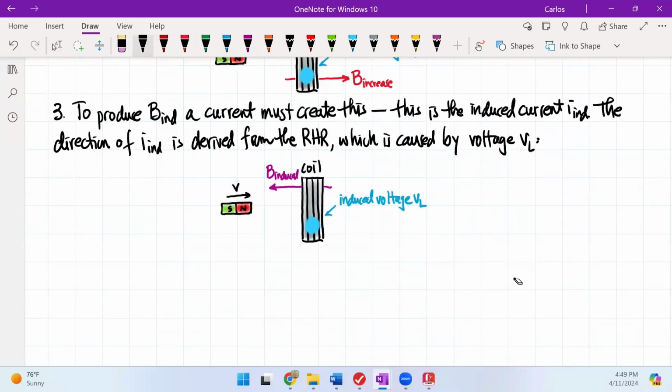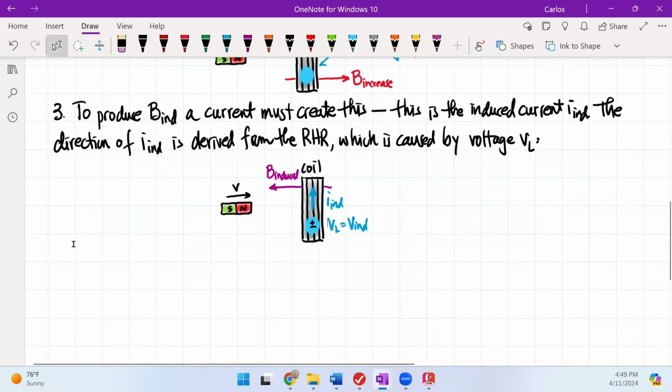In order to do this, I have to have an induced voltage right here. And that voltage is VL, which is the induced voltage. And then there is now going to be a current I induced that causes that induced magnetic field.